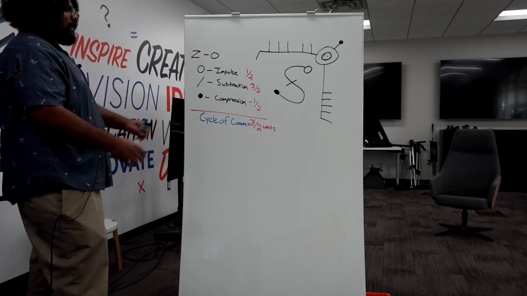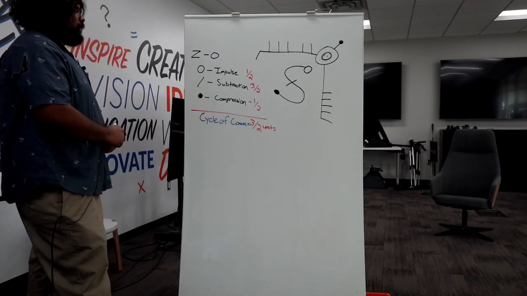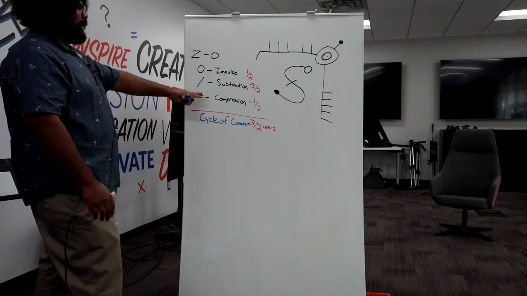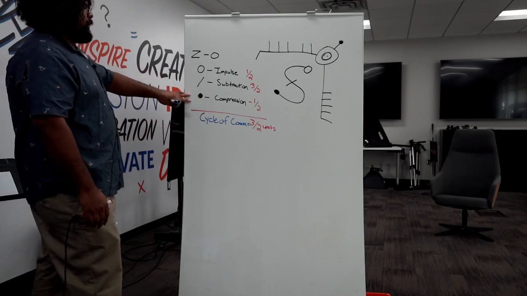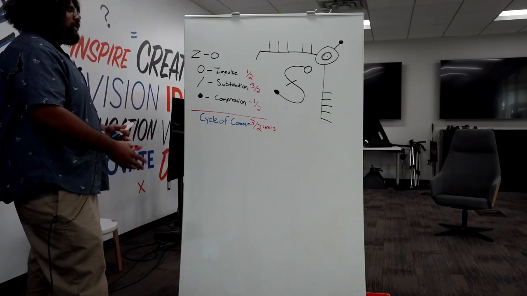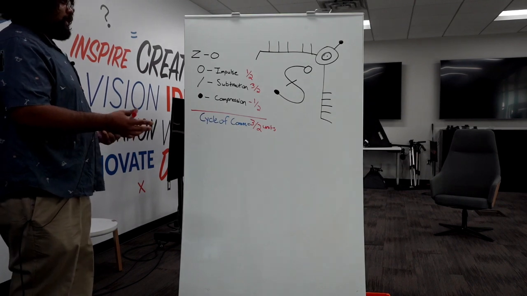And it's the same thing as saying a dozen or half dozen or 20 or whatever. That's just the way that we define the ratios between these. For that reason, each cycle of communication is thought of as an interval ratio unit. So one cycle of communication is 3 halves units.